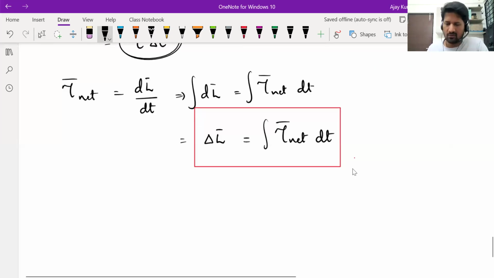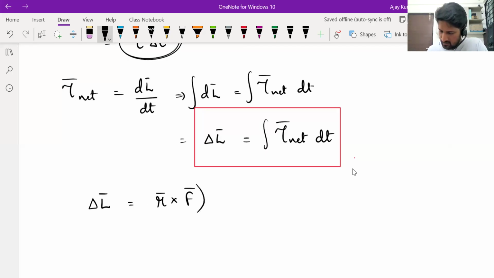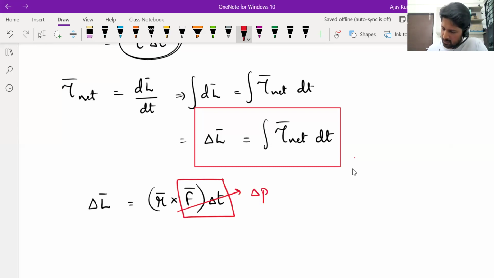Net torque, or basically torque, is r cross F, right? So you can write change in angular momentum as net torque multiplied with time, r cross F multiplied with time, and force multiplied with time is change in linear momentum, that is linear impulse.